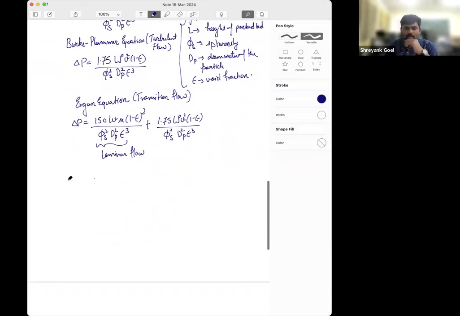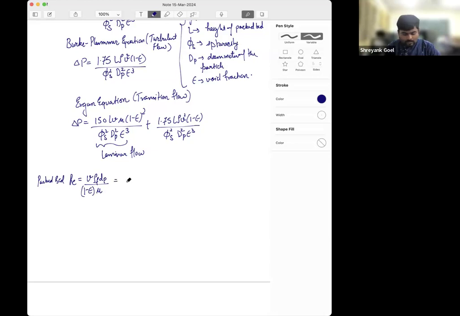First, we need to find out the Reynolds number for the packed bed. That is u, the superficial velocity, times rho f into dp divided by 1 minus epsilon into mu.